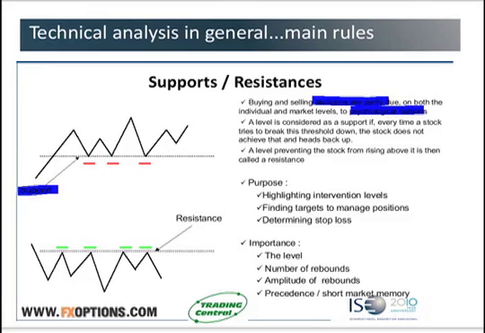They believe that if this level has been hit two times in the past and the price rebounded on it, there is a great opportunity for the trader to buy this stock a third time to take advantage of this support.